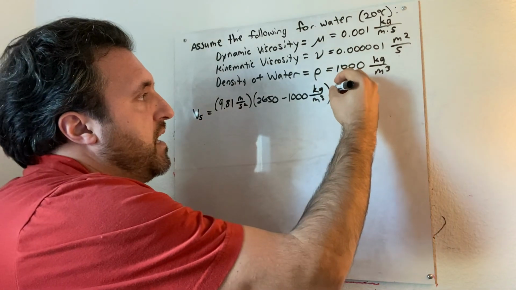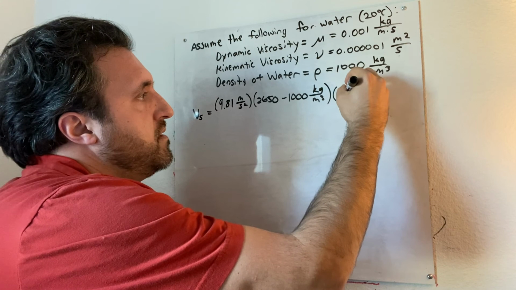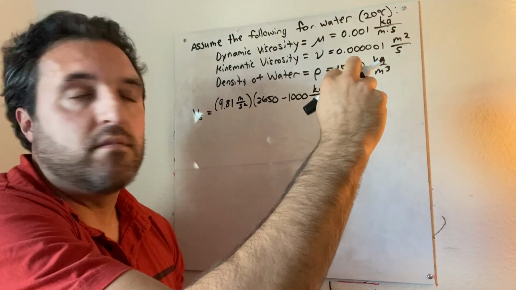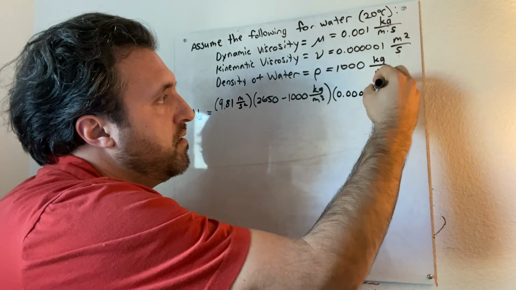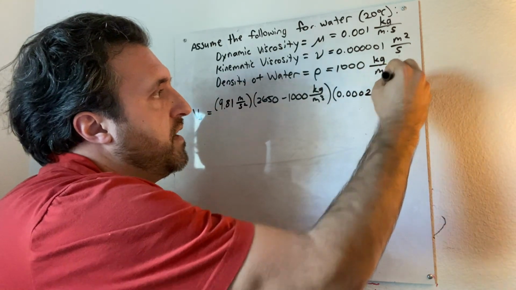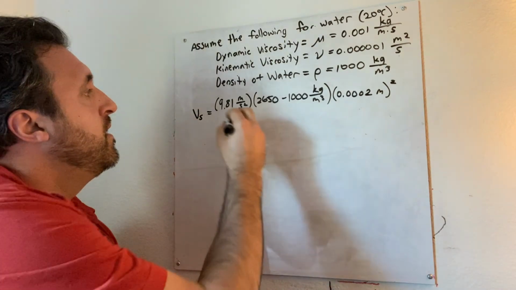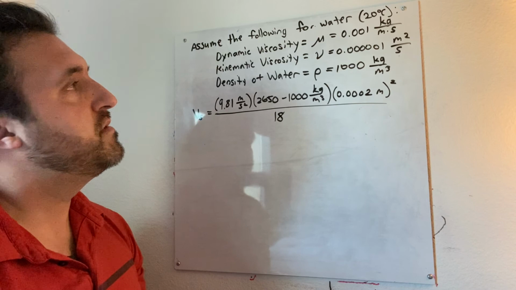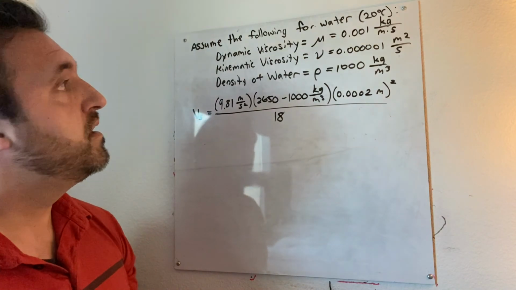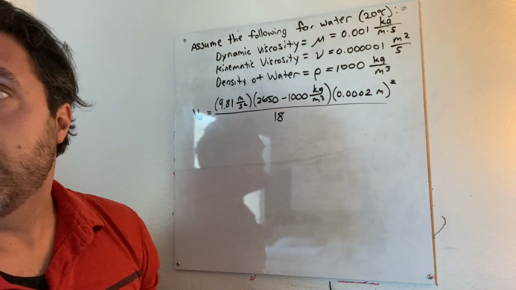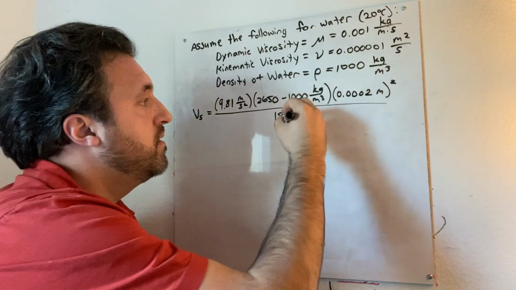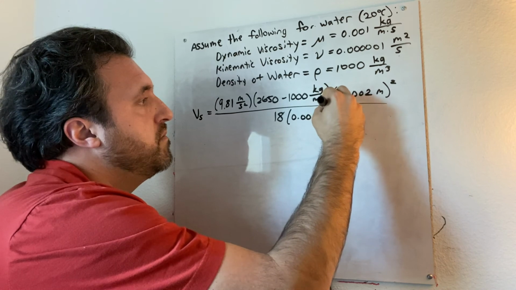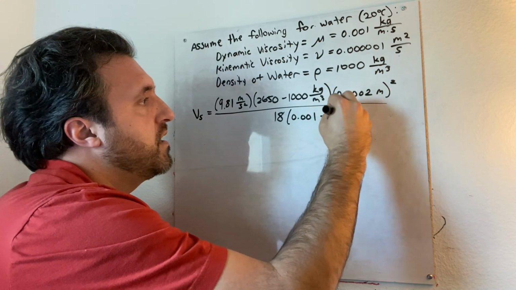Then we'll multiply that by our particle size, 200 microns, which is equal to 0.0002 meters, and that value gets squared. Divide that whole thing by 18 times the dynamic viscosity, which we're assuming again is 0.001 kilogram per meter per second.